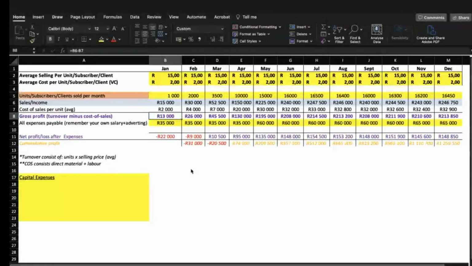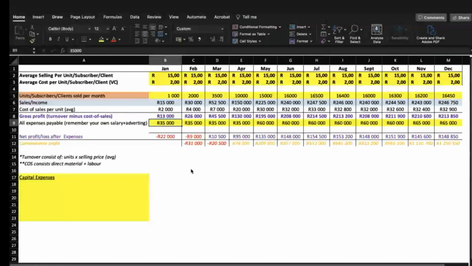Now, this is a very, very basic income statement. It takes your selling price, that calculates your sales. You then calculate your gross profit. You then have your expenses, which is all of your overheads. Now, if you're running a restaurant, what is in overheads and what are those things which are related to you serving a meal?